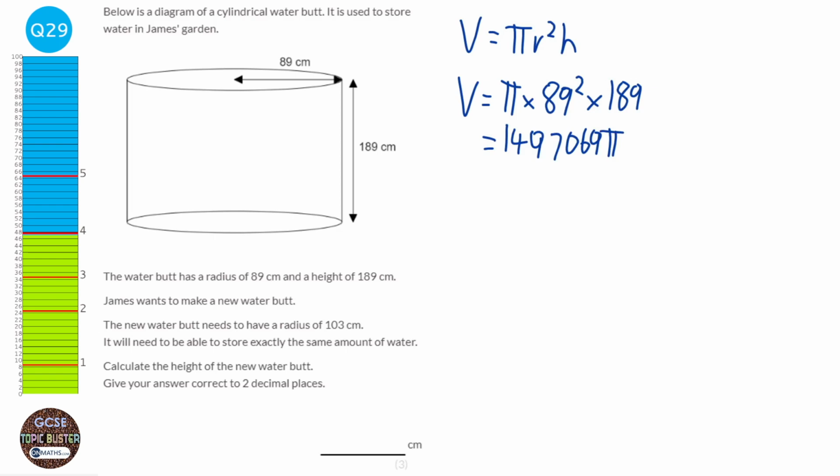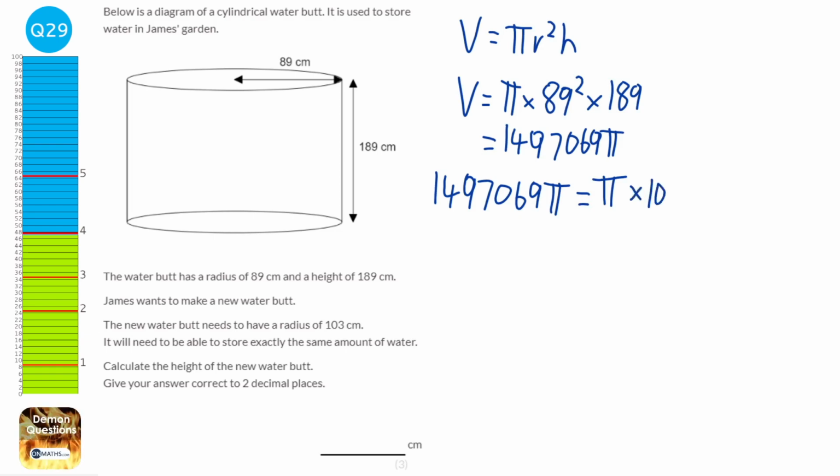Now, what we want is we want the volume to stay the same. So we're going to keep that as the volume, 1497,069 pi. But we want the radius to change. So instead of the radius being 89, we want the radius to be 103. So times 103 squared.